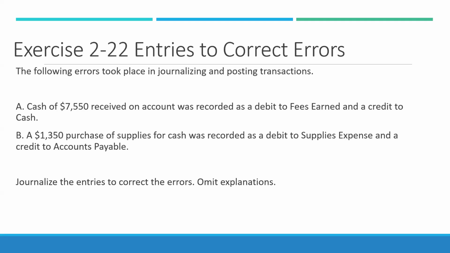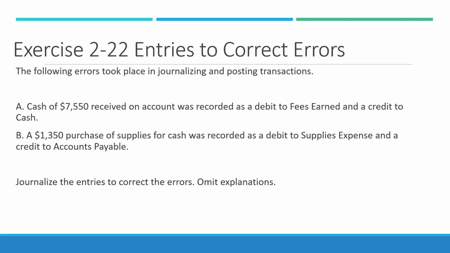And since this will be in our correcting entry here, right? Because we have to make the correct entry and then we'll reverse out the old entry. So that'll be cash as our debit, because we have to reverse the initial wrong entry.